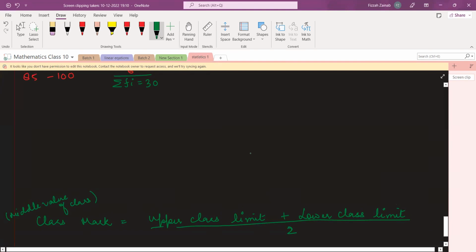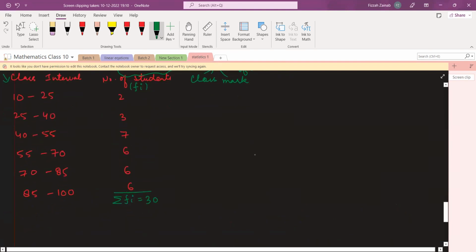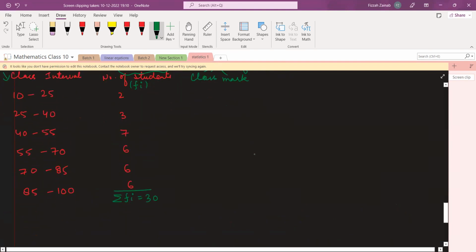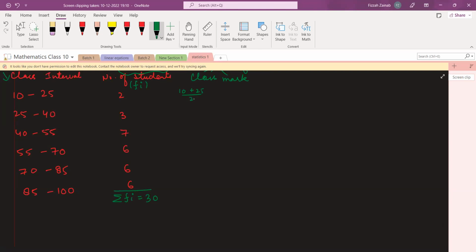So let us find out the class mark here. The lower limit is 10 plus 25, divided by 2. So that is 35 divided by 2, which is 17.5. Is that clear?